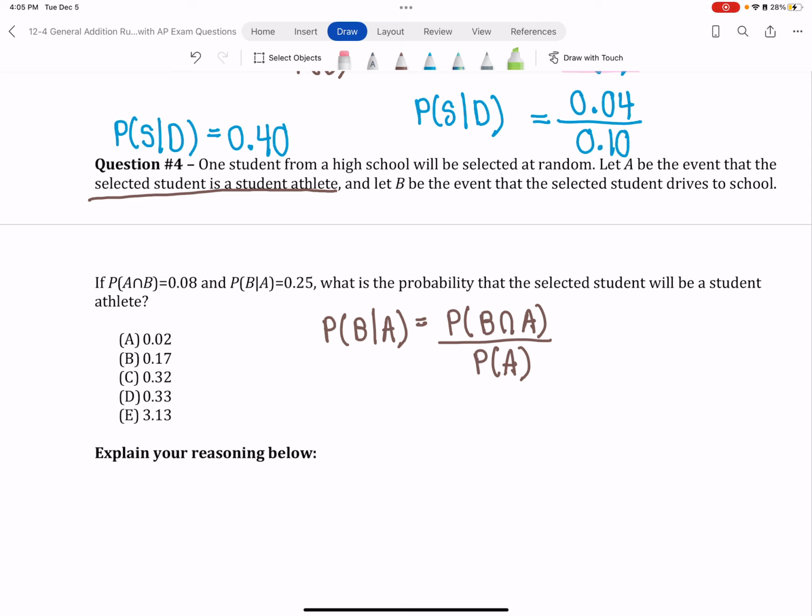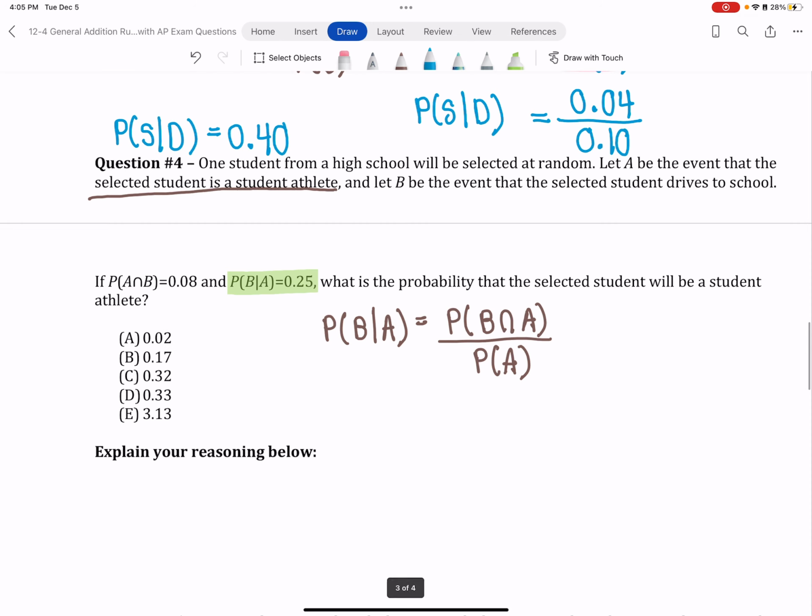And let's see what's given. So they tell us probability of B given A is actually 0.25. So we are going to write that right here. This part is given to us.